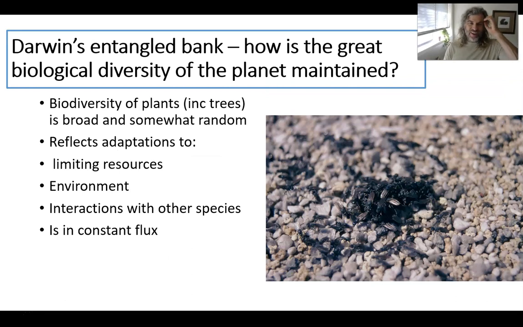Darwin posed this question of how do you maintain biodiversity, and in the summary, if you will, of On the Origin of Species, he described or painted biodiversity in natural systems as an entangled bank. What he meant by that was, where did all these species come from and how did they get all mashed together?